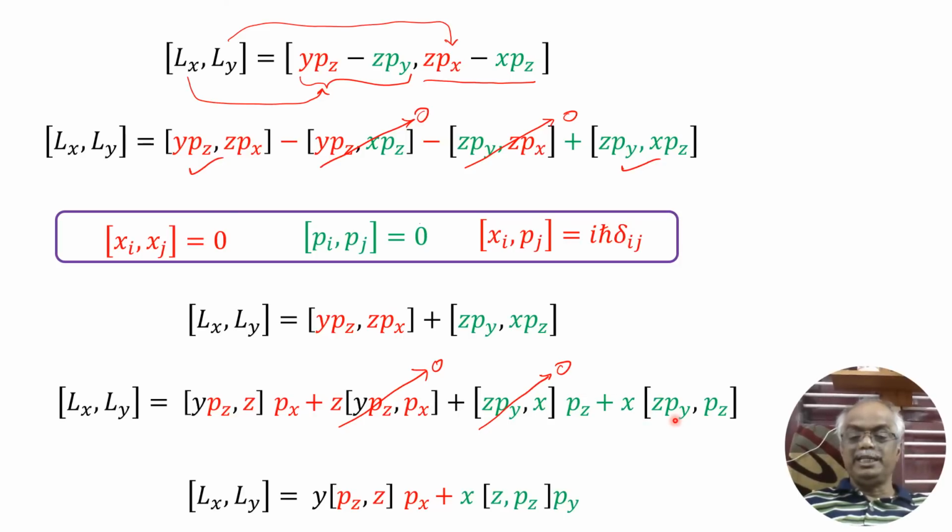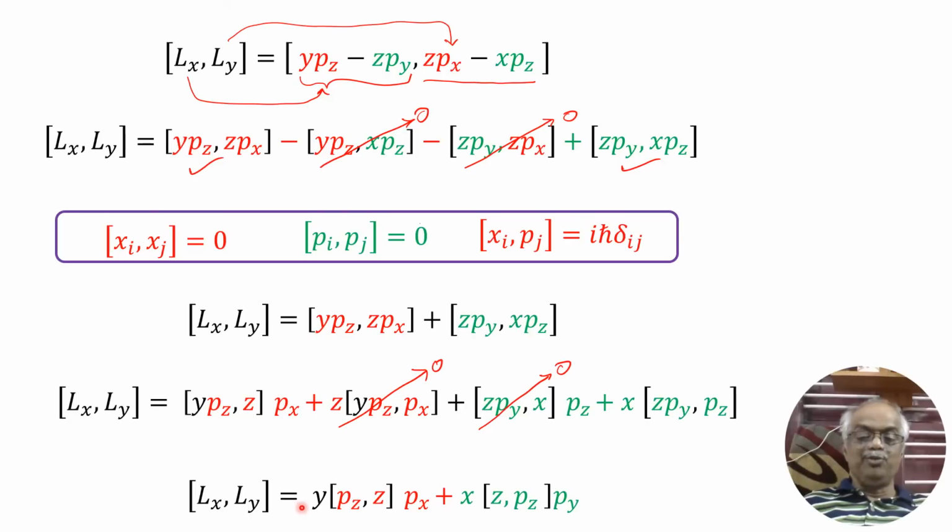What will happen here? If you take z outside the commutation, naturally py and pz will commute, so that will be 0. Only if you take py outside, that is, py is the right hand side operator, you take py to the right hand side, then z with pz will not commute.